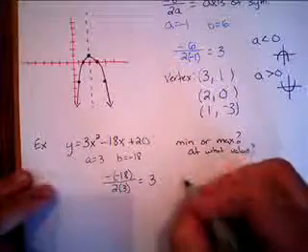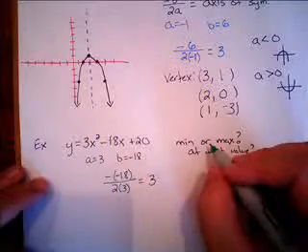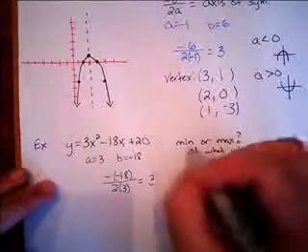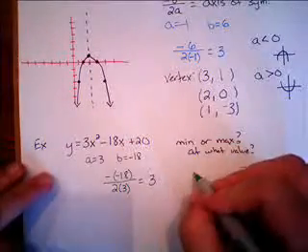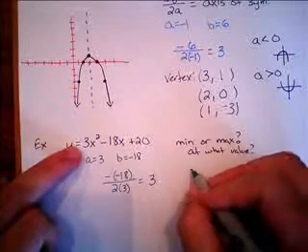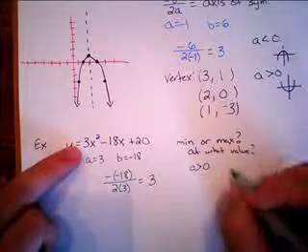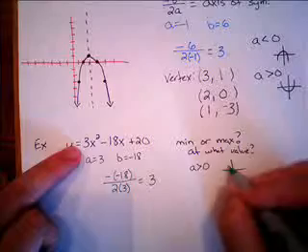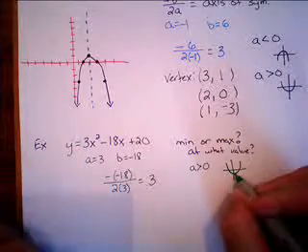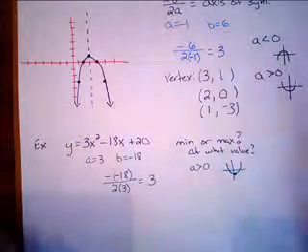So we know, first off, it's going to be a minimum value because our a is positive, and since a is greater than 0, we know it's going to be U-shaped, which means that there's going to be a minimum value at that vertex.